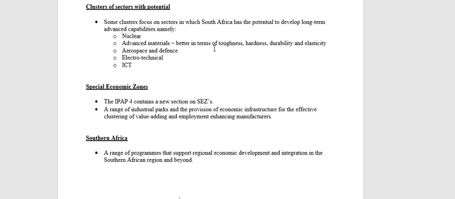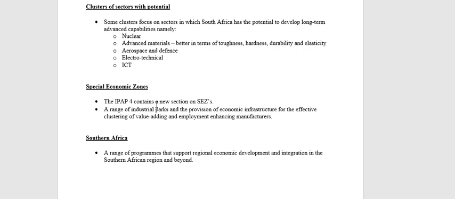Remember I said in terms of the textiles that we are using, it lasts longer, it's more durable, it's more elastic, it doesn't distort as easily. We are improving the quality of our textiles. Aerospace, defense, electrotechnical, and then ICT. We did discuss this. All of these clusters where we think that in the future we can have the potential for massive growth. We have the competency to grow these industries and become really good at it.